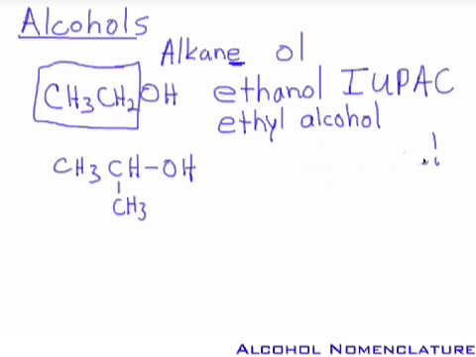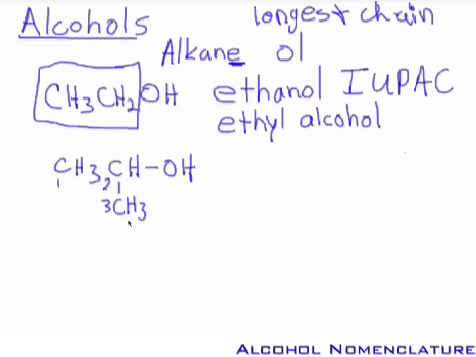Why? What do you always have to do in IUPAC? Remember, always in IUPAC, find the longest chain. Count carbons. What is the longest chain? But this time we modify: the longest chain that has the OH. I can go 1, 2, 3.